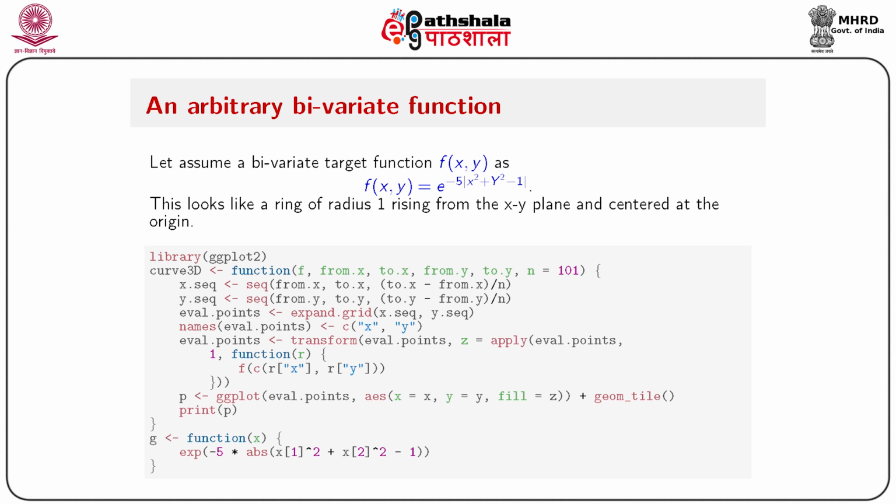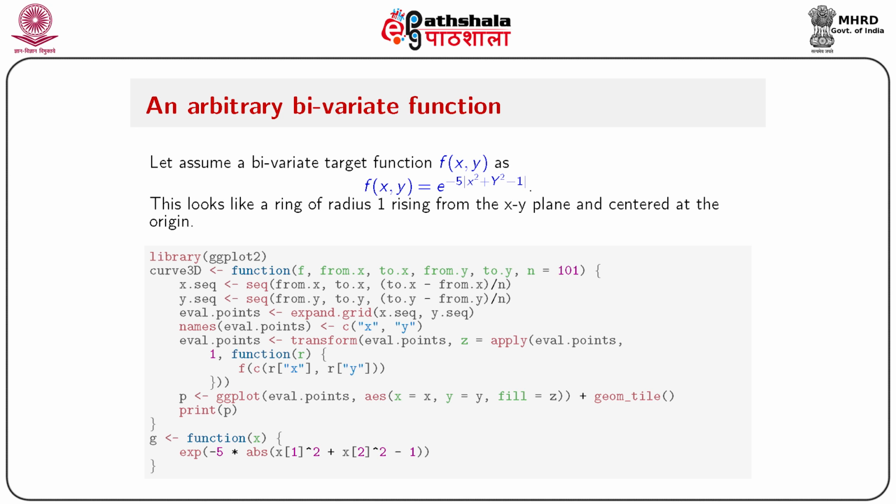So first we'll draw a plot of the actual curve of that particular function. Let's define a function, curve3D, where the function is passed through, then the range from x to x and from y to y, and n equals, say, 101 as the default value.